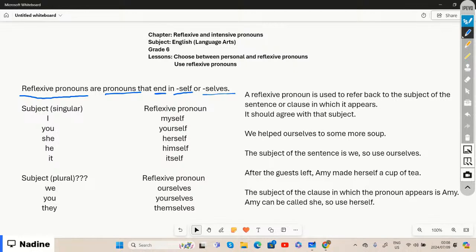That is a reflexive pronoun. And with reflexive pronouns, we have singular subjects and we have plural subjects. Remember, a singular subject refers to one person or thing that is doing something. A plural subject is more than one thing that is doing the action.